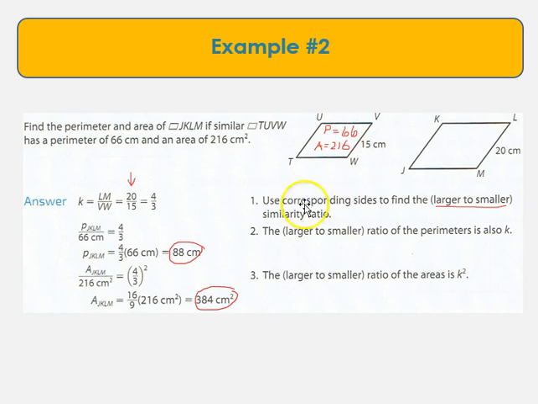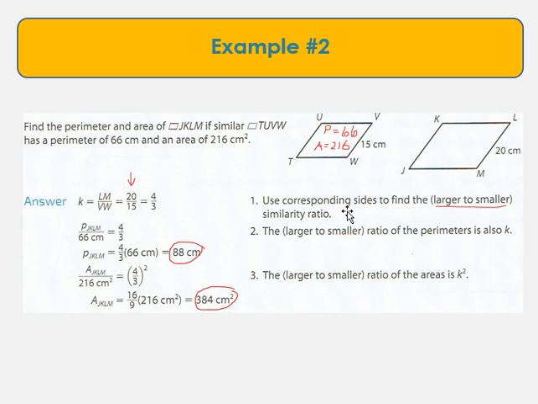Now that we have the perimeter, we can solve for area. We have the area of JKLM, and it's being compared to the area of the other parallelogram, which is 216 centimeters squared, and we'll multiply 216 by the ratio, squared. 4 squared is 16, 3 squared is 9, and we end up with 384 centimeters squared.